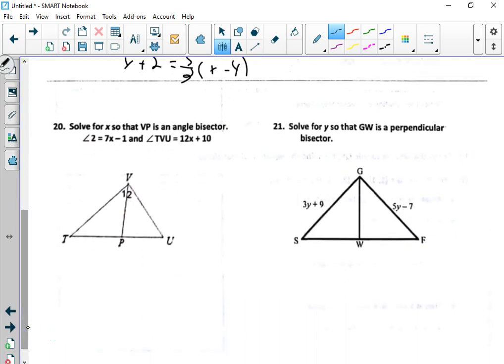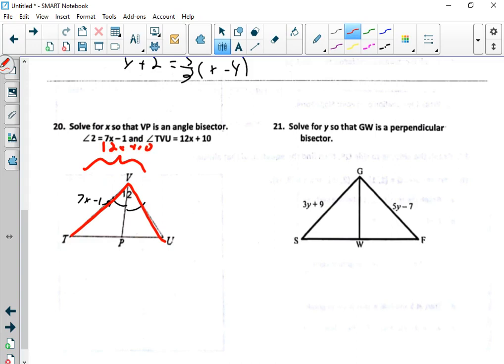Okay, solve for x so that VP is an angle bisector. So we're going to say that this and this are equal. Well, here's angle 2, 7x minus 1. That's right here. It says TVU. Careful with this. TVU. That's this entire angle here is 12x plus 10.